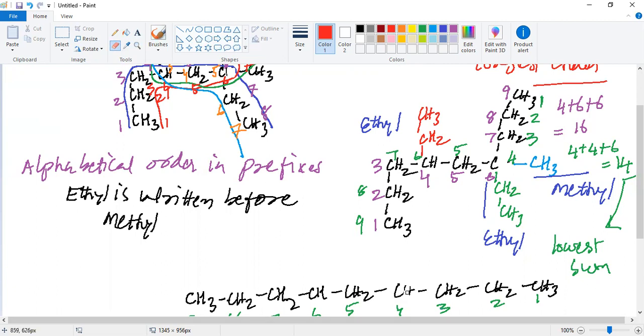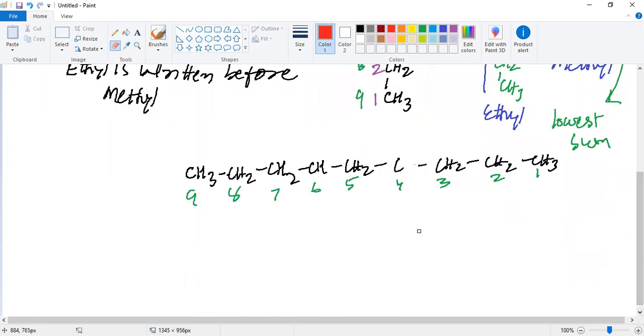So the fourth carbon should be C, and this C has got one methyl and another is ethyl branch. So on the C carbon we can represent the methyl as well as ethyl branch. So here we have CH3 and here we have C2H5. At the same time on the sixth carbon we also have C2H5 as a branch.